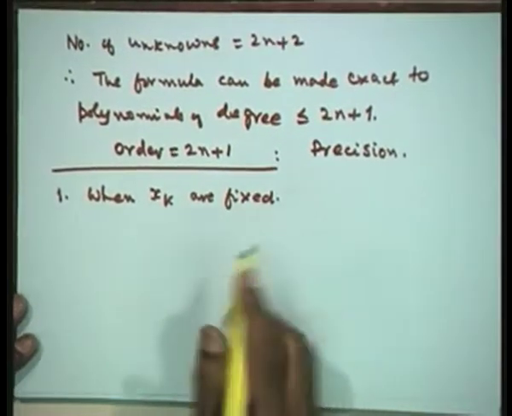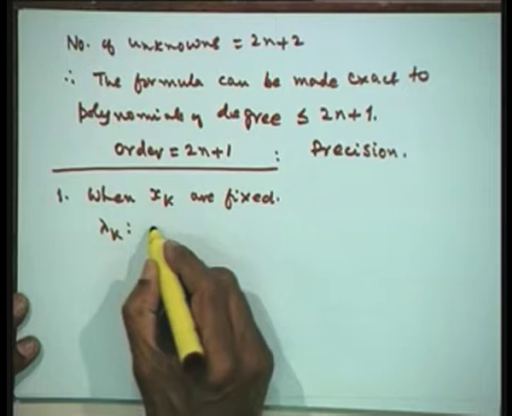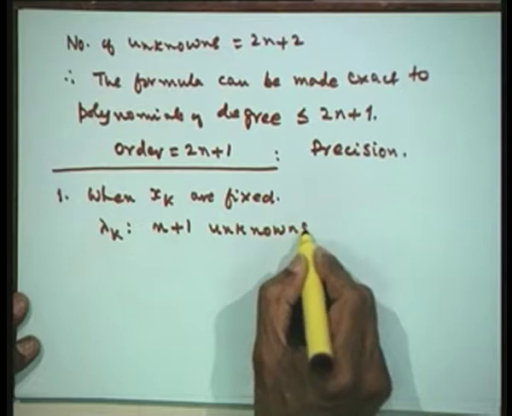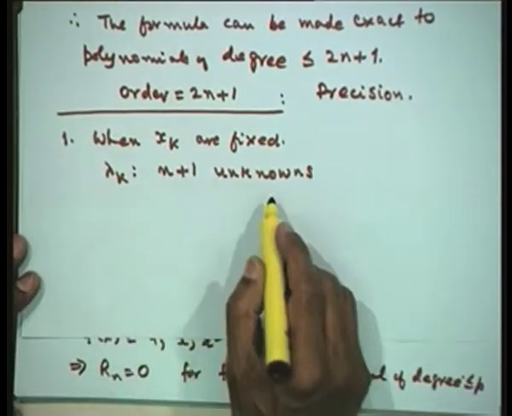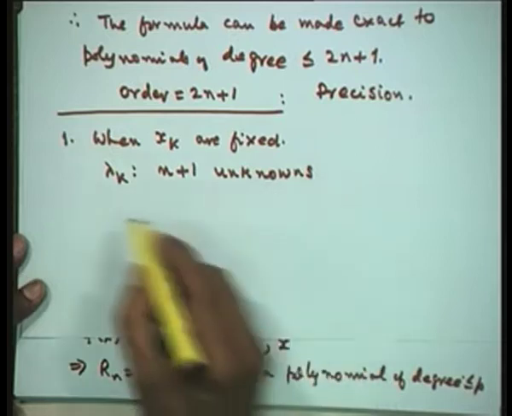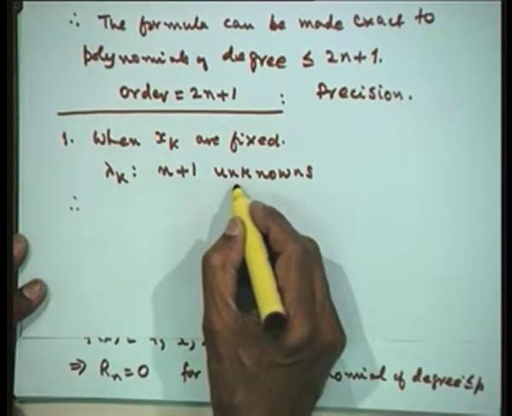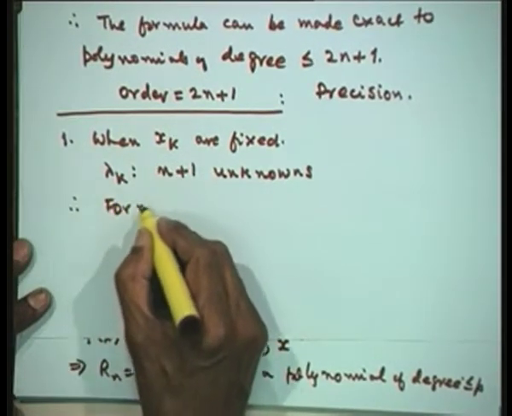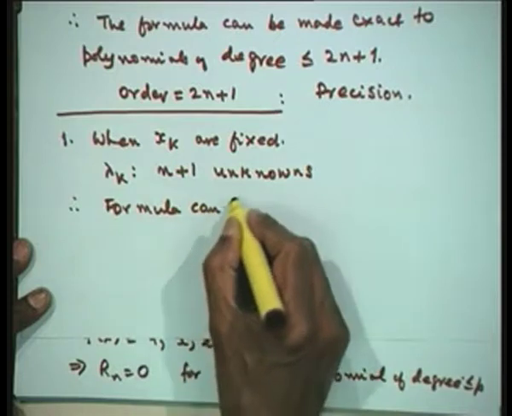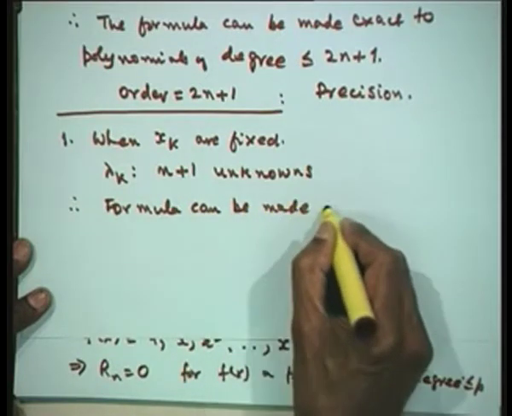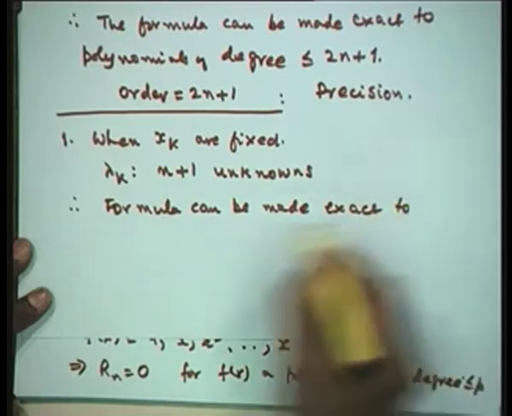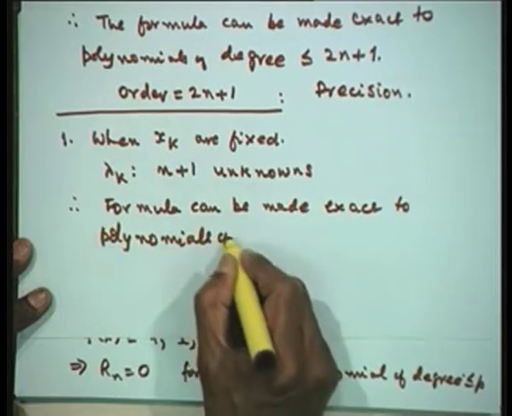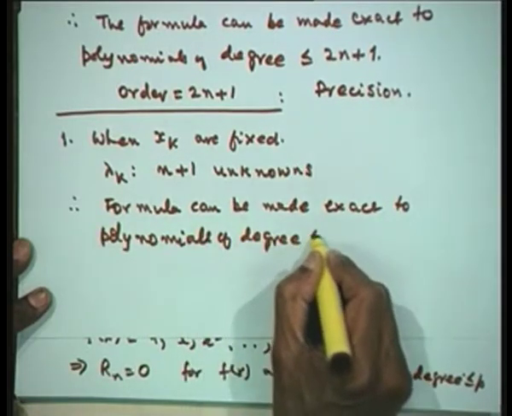If x k are fixed, we have only lambda k's to be determined, therefore, these are n plus 1 unknowns. We have therefore only n plus 1 unknowns to be determined. Hence, we can make the formula exact for polynomials of degree less than or equal to n.